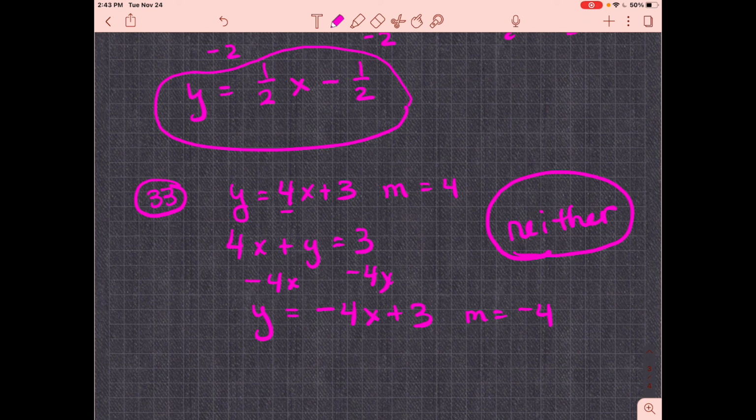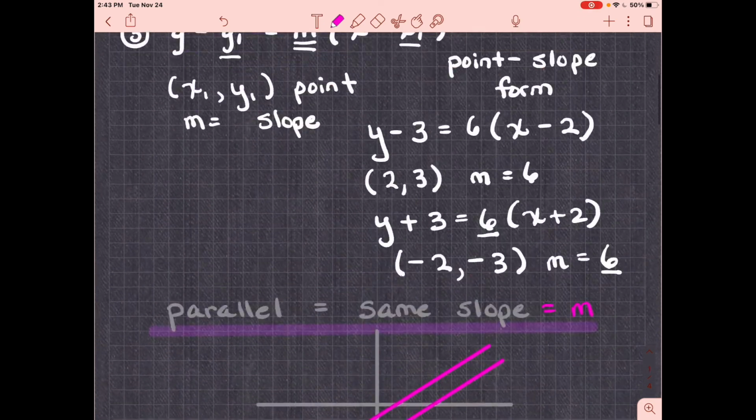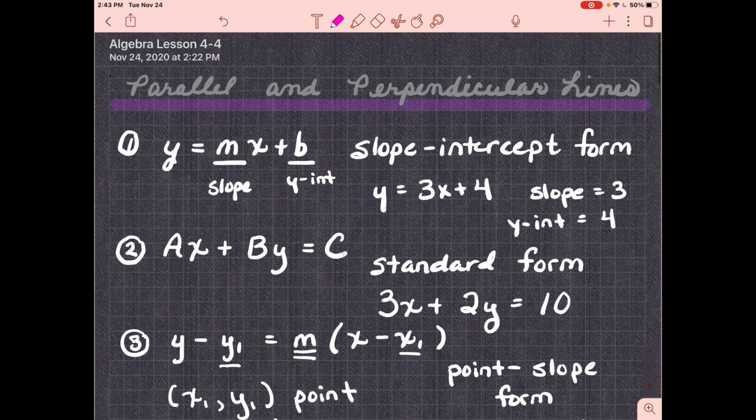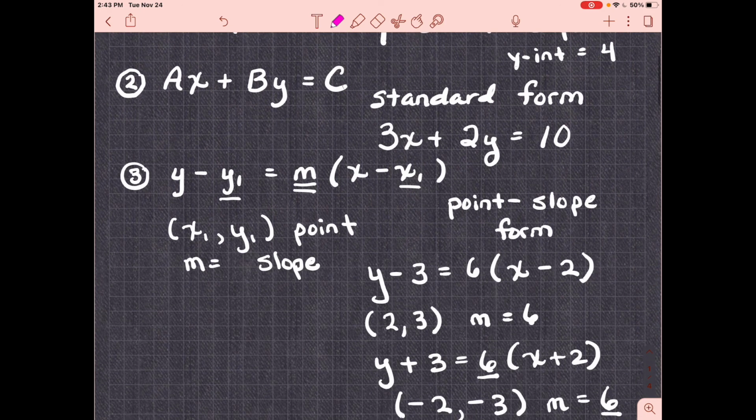There are some other applications there, and I will try to pick up the explanations for those in the help video for your homework. So, to review, y equals mx plus b is slope-intercept form. Ax plus by equals c is standard form. y minus y1 equals m times x minus x1 is point-slope form.